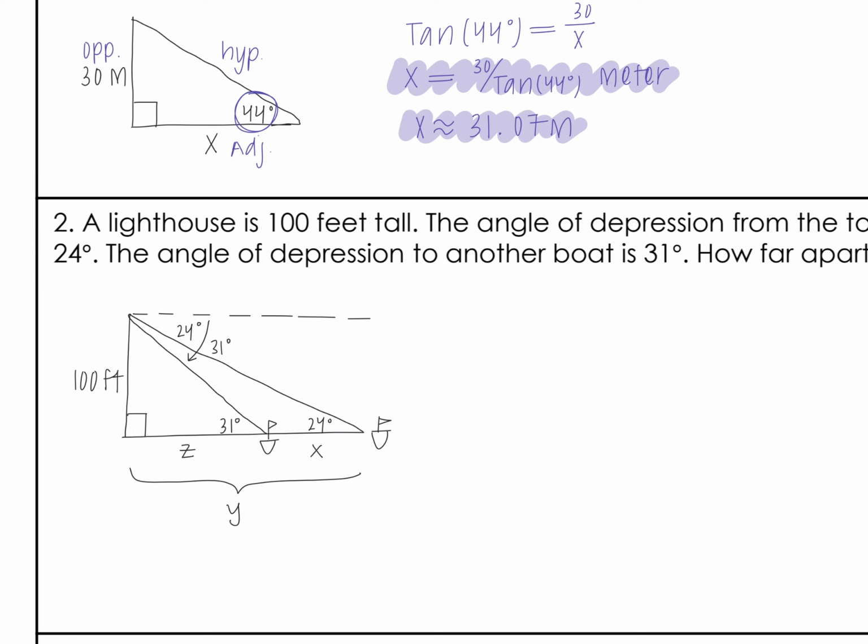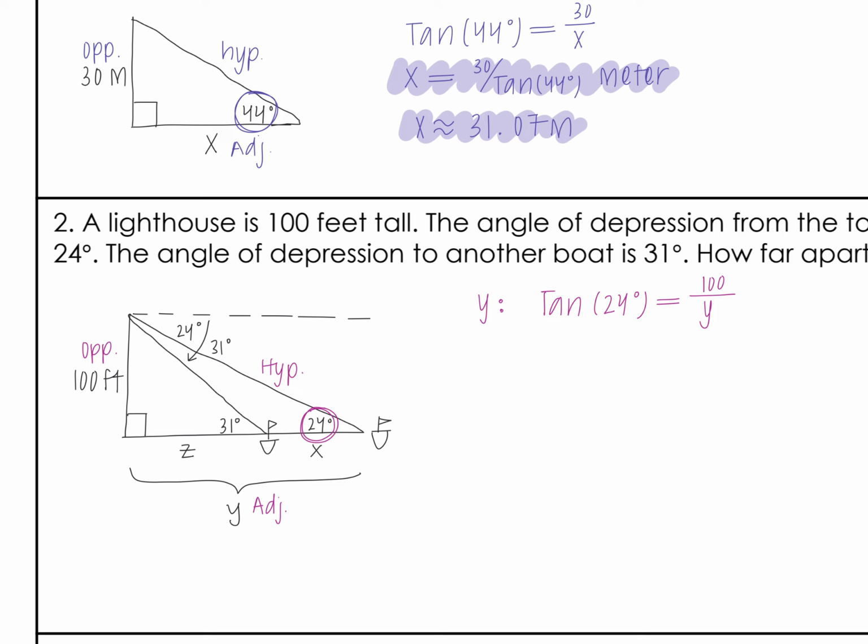So I'm going to start off, and it doesn't matter which one you start with. I'm going to start with solving for my y. So I'm going to circle my angle. I'm going to label my opposite, hypotenuse, and adjacent. Okay, and so I'm solving for my y once again. So based off what I have here, I'm going to be using tangent of my theta, 24 degrees, is equal to my opposite, 100 feet, over my adjacent, which is that y.